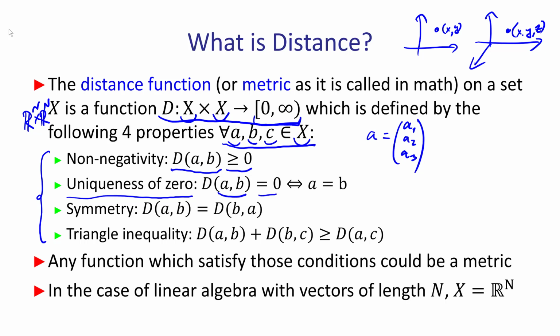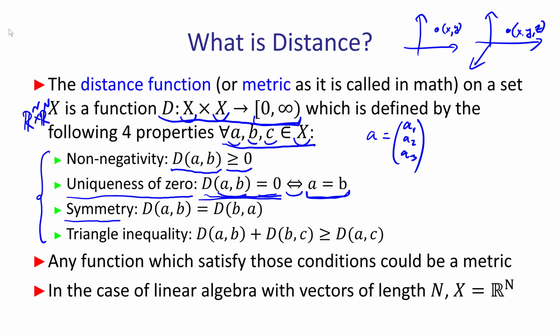This is true if and only if A equals B, which means the distance will be 0 if A equals B, and if A equals B, the distance will be 0. So this works in both directions, if and only if.